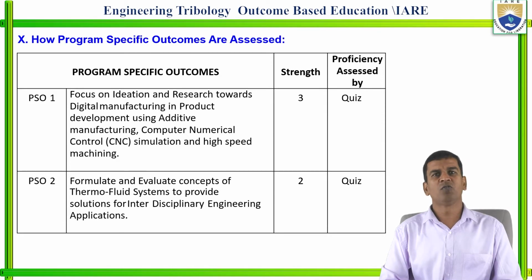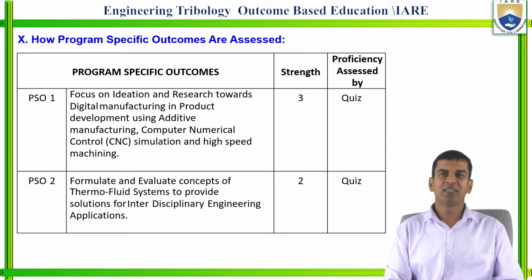PSO2 is nothing but formulate and evaluate the concept of thermofluid systems to provide solutions for interdisciplinary engineering applications. This particular subject, engineering tribology, is mainly used in manufacturing industries where conventional lathes, CNC lathes, and high speed machining are used.